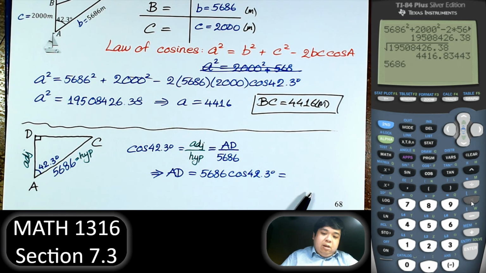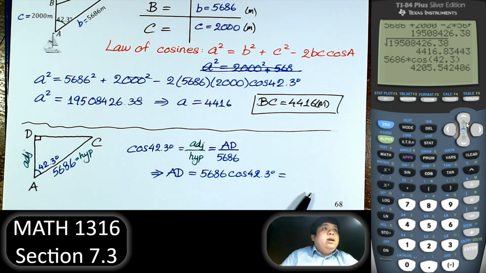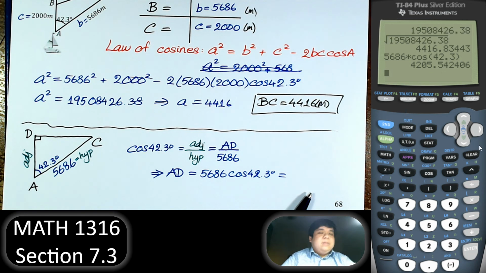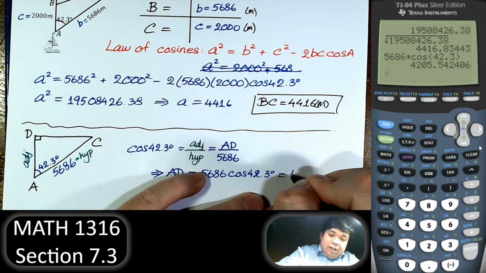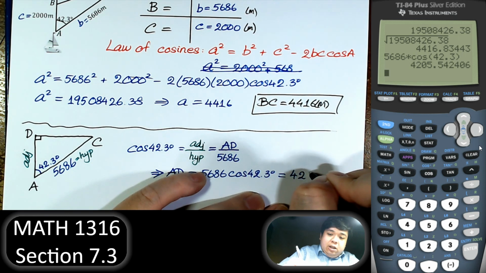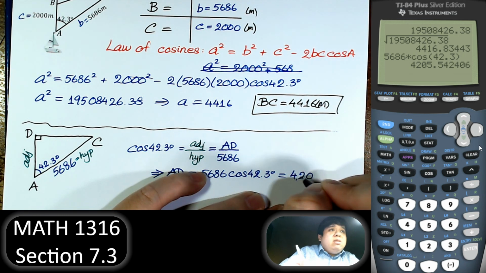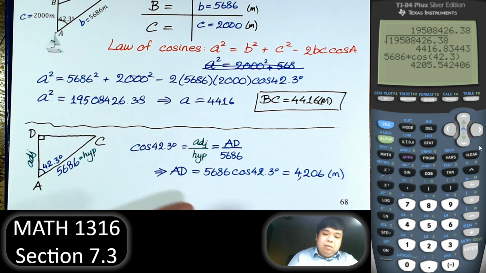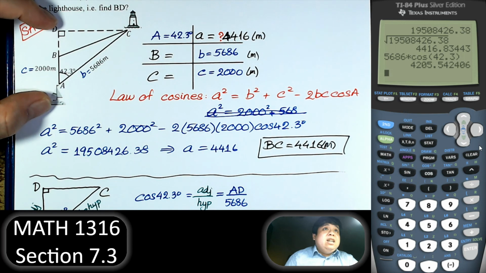So it will be that. Just make sure I entered it right. Okay, good. 4,206 meters. Right, so we have the distance AD is that much.